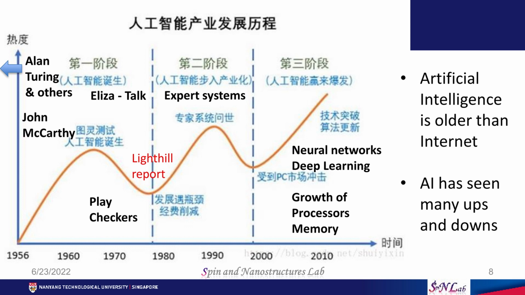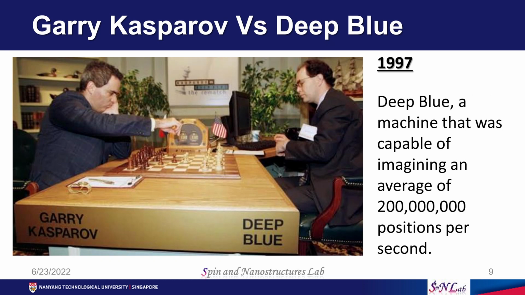And the main drive in the recent past came from the 1997 event. So in 1997, Deep Blue, a supercomputer created by IBM, International Business Machines, beat a human in playing chess. Garry Kasparov was the world champion at that time, 1997.